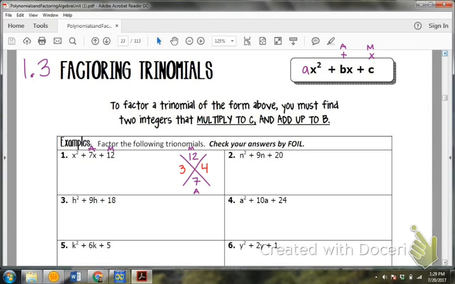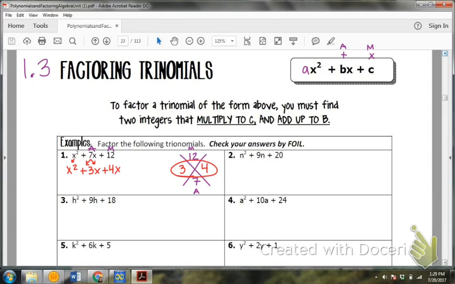Here we go. We're going to bring the x squared down. We're going to split this 7 in between the two factors that I chose. So when I say factors, I mean these two numbers right here, the 3 and the 4, okay? So I'm going to make this a positive 3x and a positive 4x.